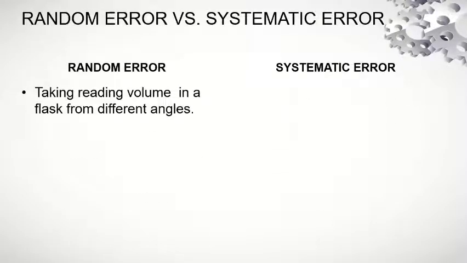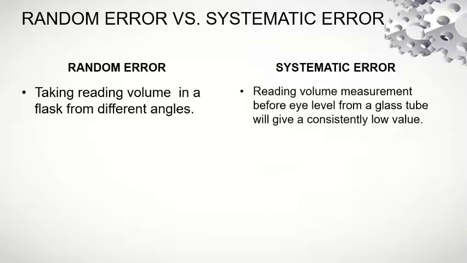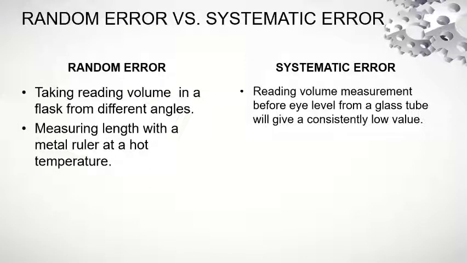So, random error versus systematic error. Let us compare the two. In random error, taking a reading of volume in a glass from different angles. While in systematic error, reading a volume measurement below eye level from a glass tube will be consistently a low value. In random error, measuring length with a metal ruler at a hot temperature.